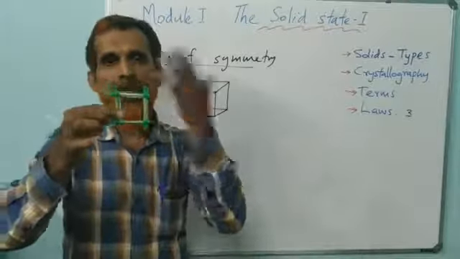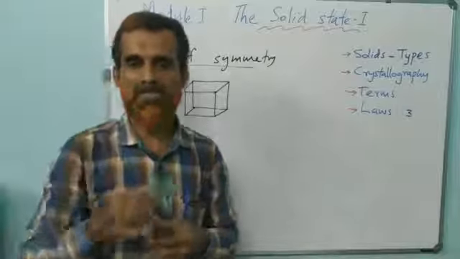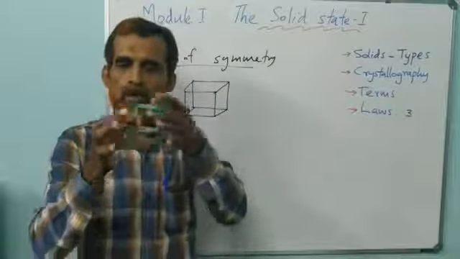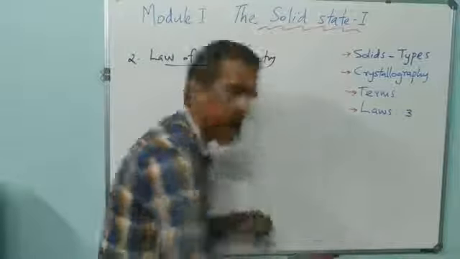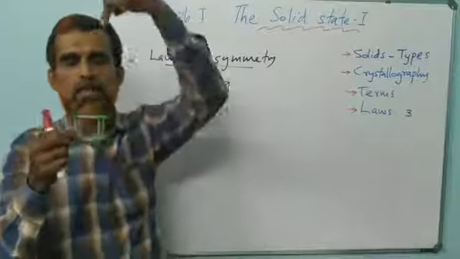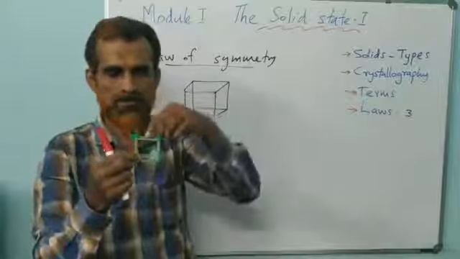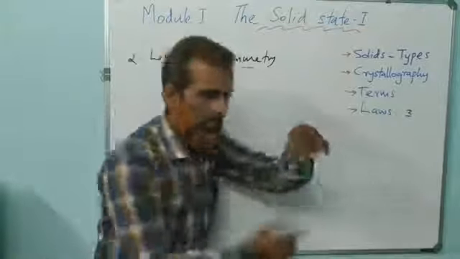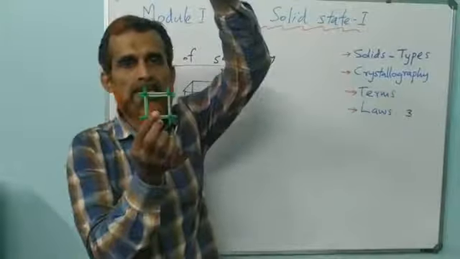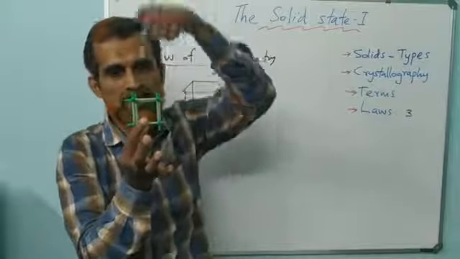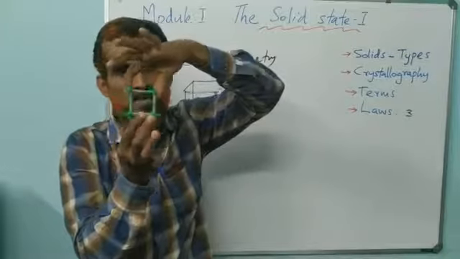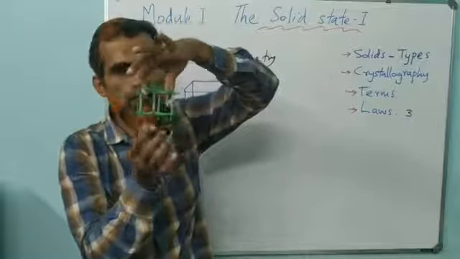Now what are the various symmetry elements for this cubic crystal? For a cube, we can consider various symmetry elements. First of all, let us consider the axis of symmetry. If you take an axis passing through the center of opposing faces and you rotate, what is this proper axis?